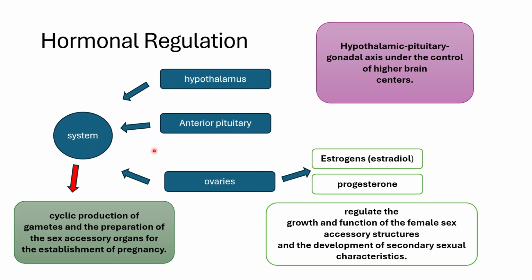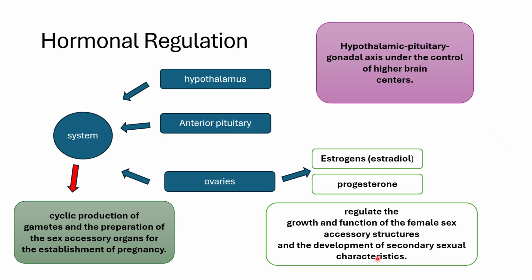There are two main hormones that control this system, and those two are the estrogens, mainly estradiol, and progesterone. What they do is that they regulate the growth and function of the female sex accessory structures, number one, and the development of secondary sexual characteristics.